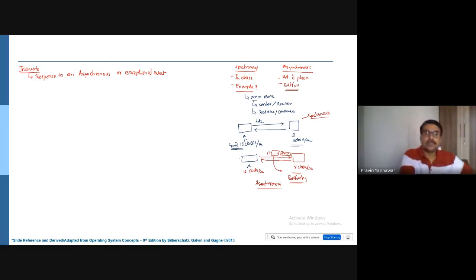Here, an interrupt is in response to an asynchronous or exceptional event. We don't know when it will be generated, so whenever the exceptional event is generated, it has to be placed in the ISR, the interrupt service routine, and from this ISR the interrupt is served.